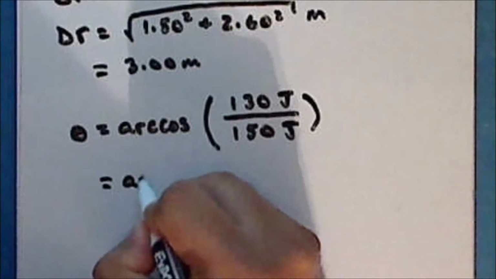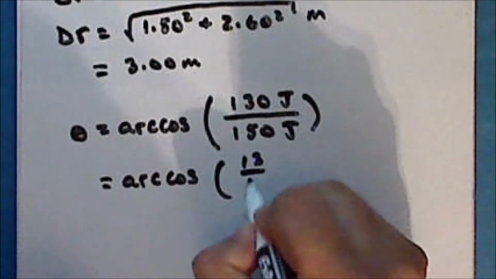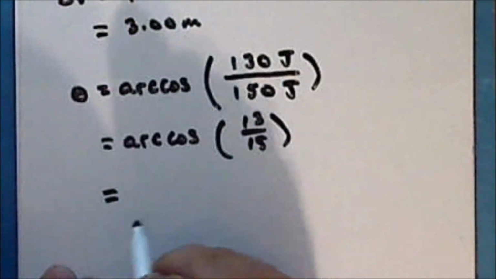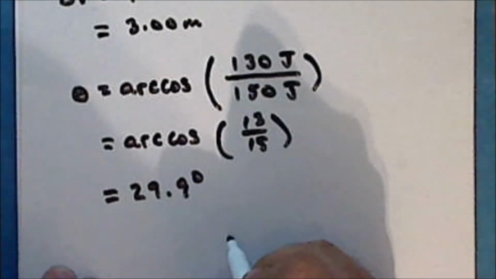So this is equal to the arc cosine of 13 divided by 15, which to three significant figures is 29.9 degrees.